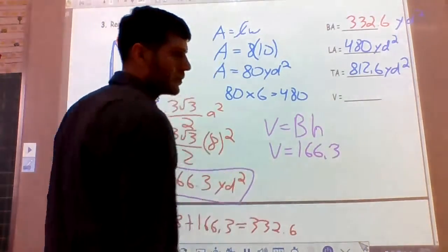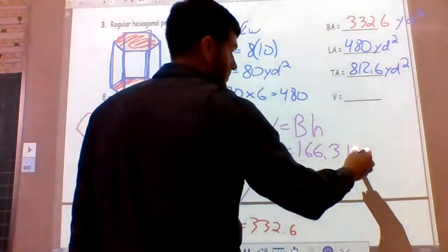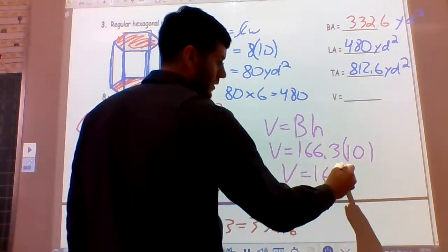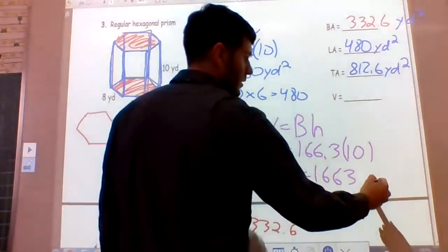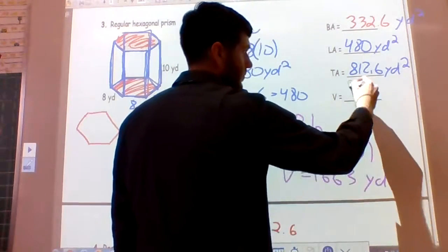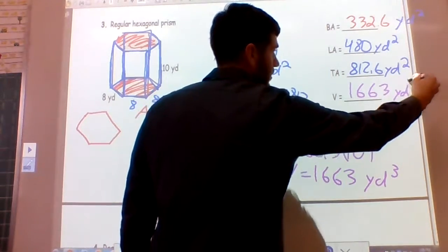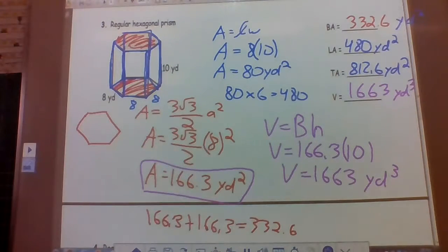Then we have to figure out how much water is going up, and it's going up 10 yards. So we're just moving the decimal place over 1. So it's going to be 1,663 yards cubed. Imagine a thin layer at the bottom of a hexagon-shaped pool, and then you're going up.